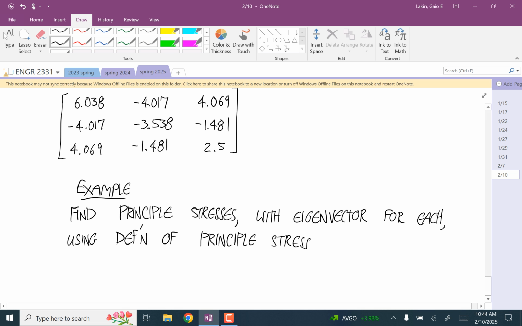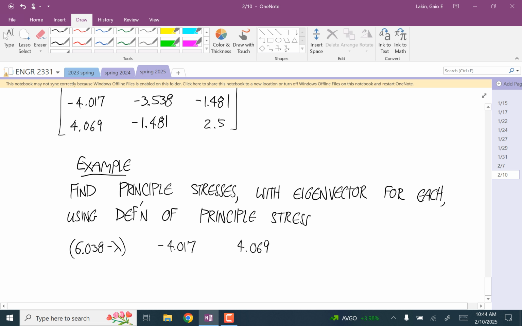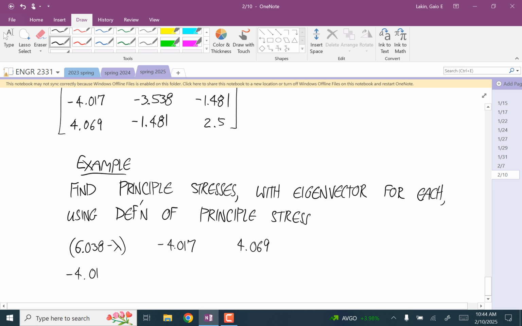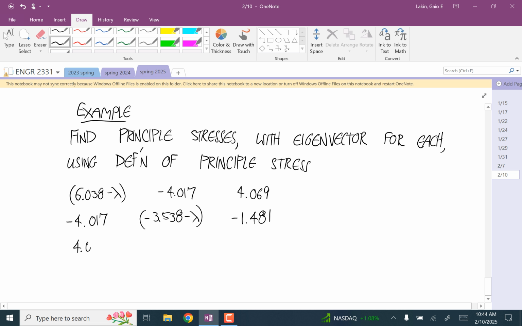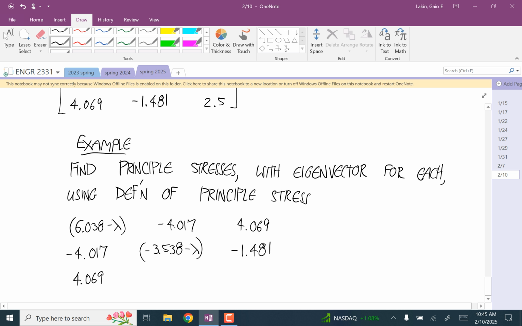Okay, so we want to take the determinant of 6.038 minus lambda, negative 4.017, 4.069, negative 4.017, negative 3.538 minus lambda, negative 1.481, 4.069, negative 1.481, and then 2.5 minus lambda.